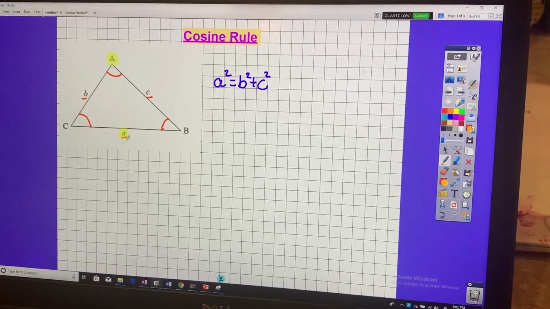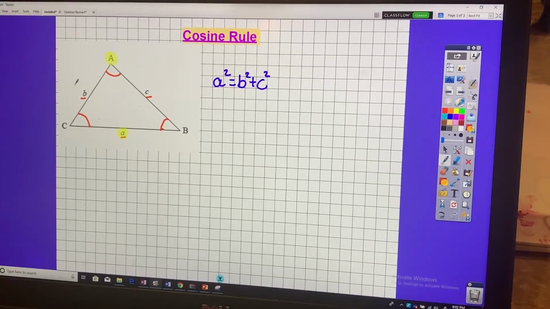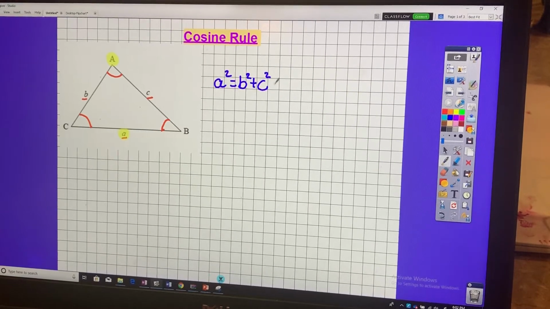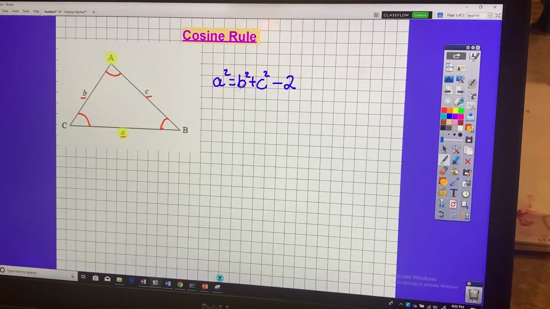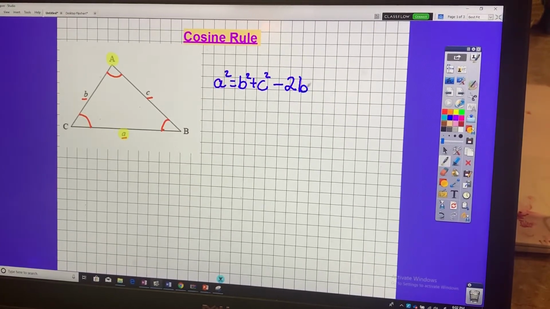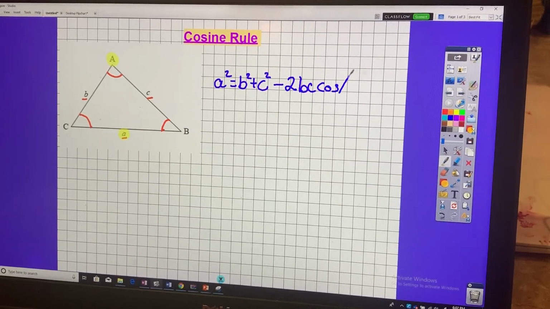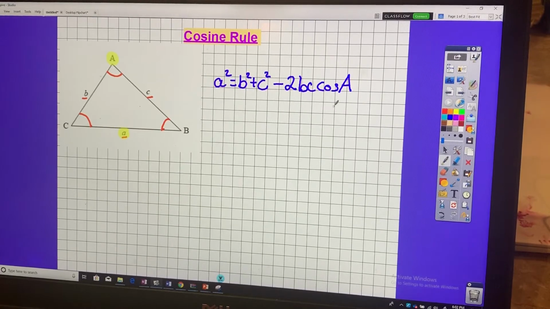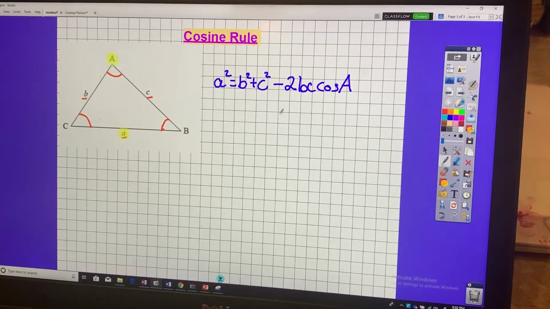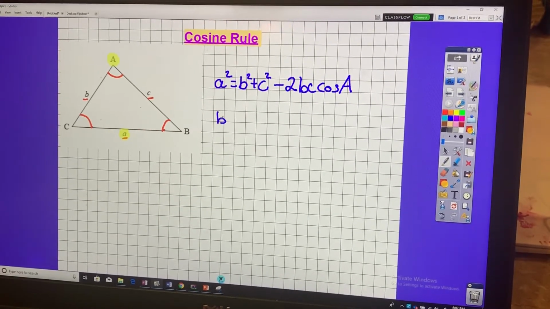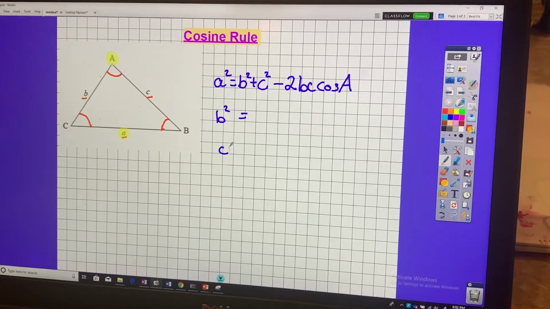So this length squared equals the squares of the other two lengths, minus 2 of what you have on the right side, bc, cos of the letter you started off with. Done. So pause this video and try it for b squared and c squared.